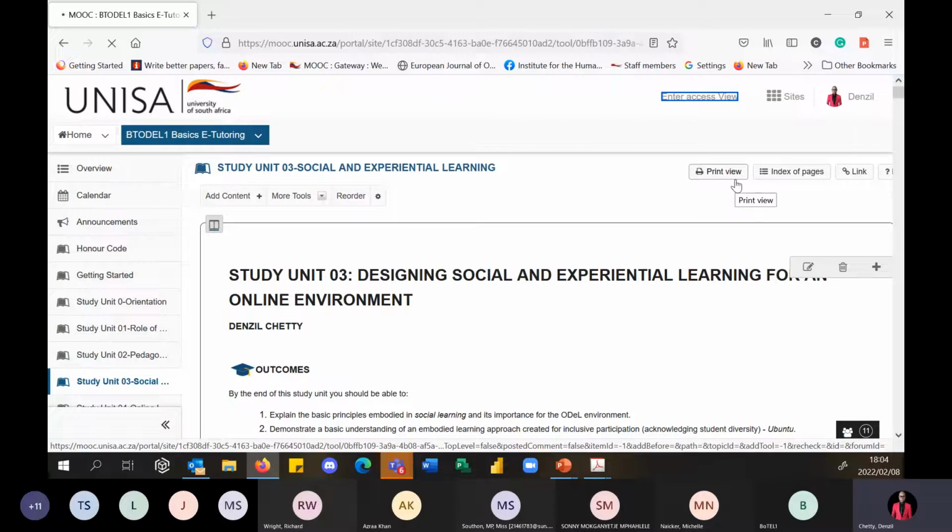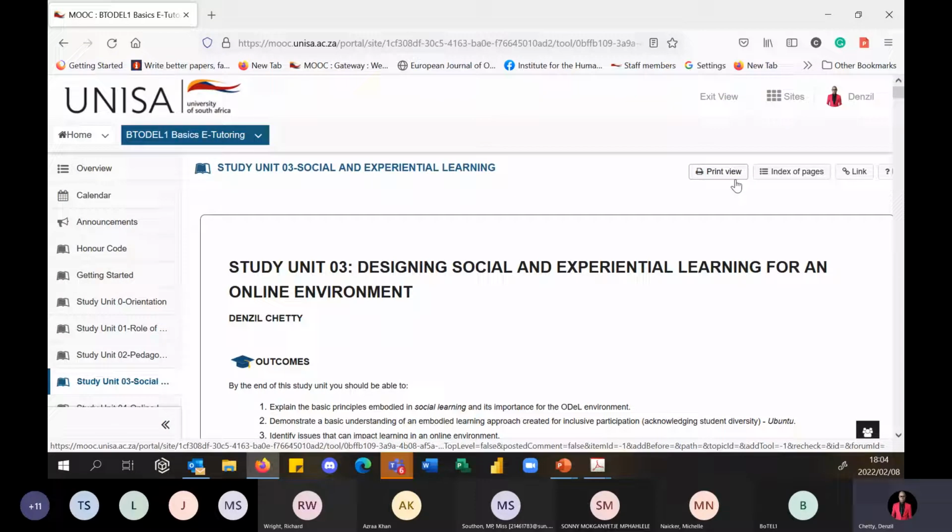This week we're looking at designing social and experiential learning for an online environment. Remember, when we talk about social learning, one of the important things to understand is that all our learners are social beings. Even in a distance education environment, there's a longing to be part of a social network.